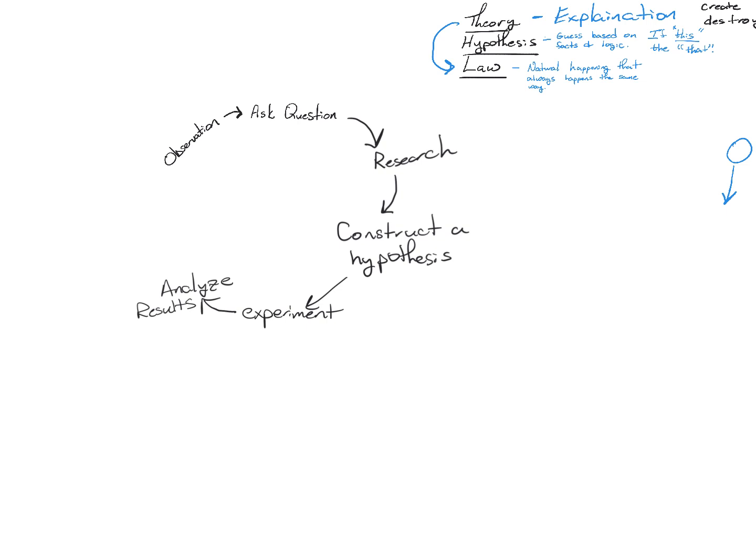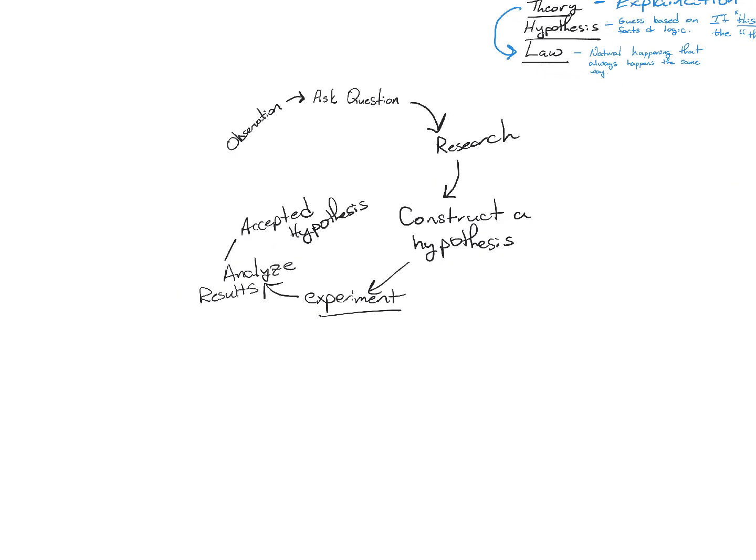Because just because you do an experiment and you get results doesn't mean you understand what it is that you got. Finally, you either accept the hypothesis, you think your guess was good, and you're going to go with it, or you reject the hypothesis.